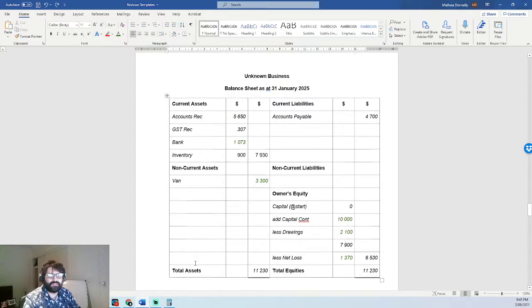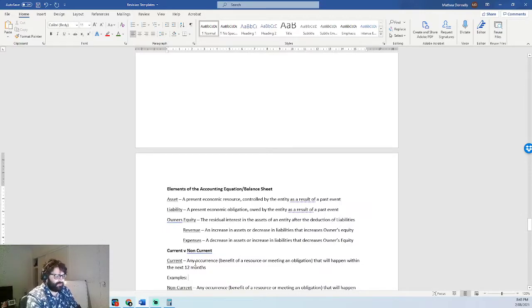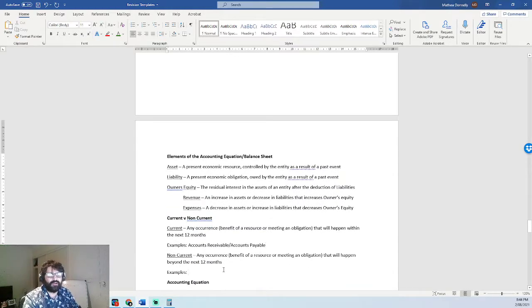So we look at this and we go accounts receivable because they will pay us back within the year. Likewise, we've got accounts payable because we will pay them back within the year. Non-current is any occurrence, benefit of a resource or meeting of an obligation that will happen beyond the next 12 months, and you would say a van, a computer, a loan.